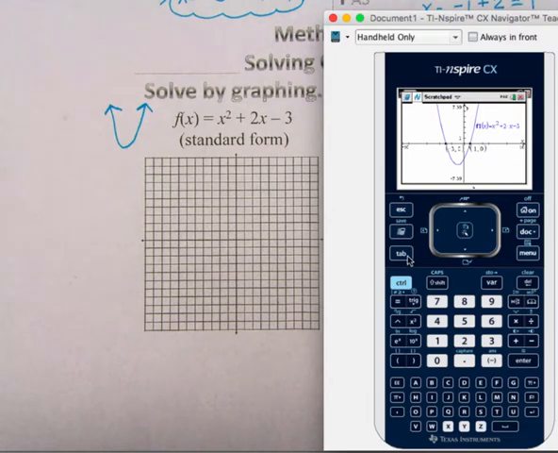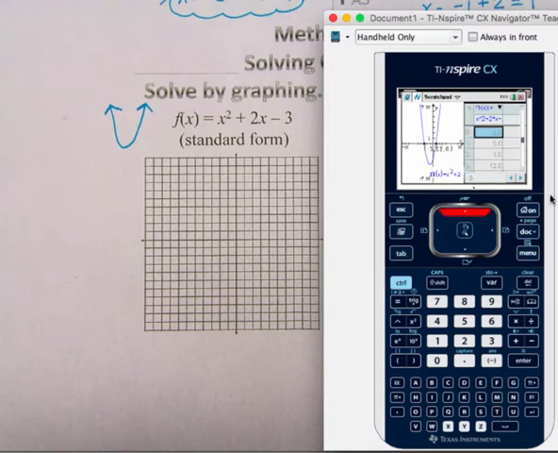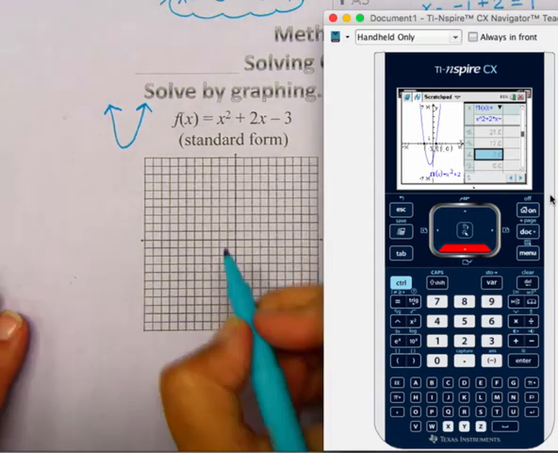Now we have to get this parabola onto graph paper. So I'm going to look at my table of values, which would be Control T. And now I'm just going to scroll through and see if I can plot points that are on this graph. So it looks like negative 5, 12 probably isn't going to fit. So I have negative 4, 5.